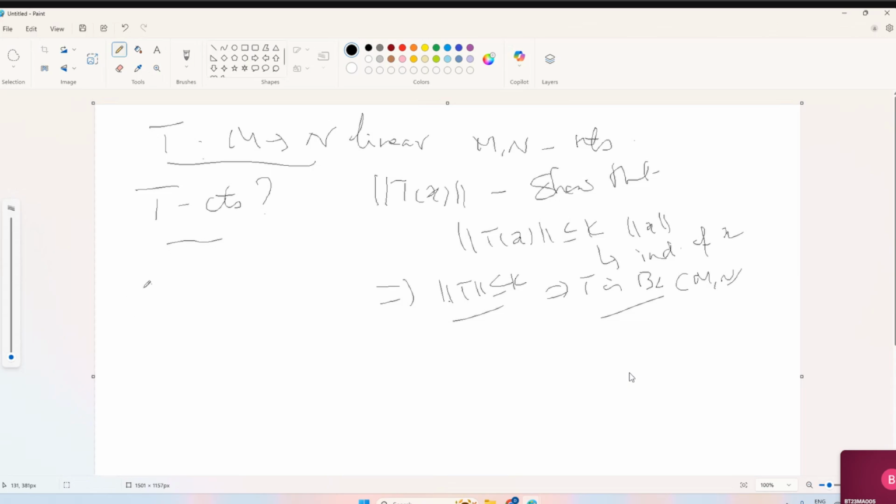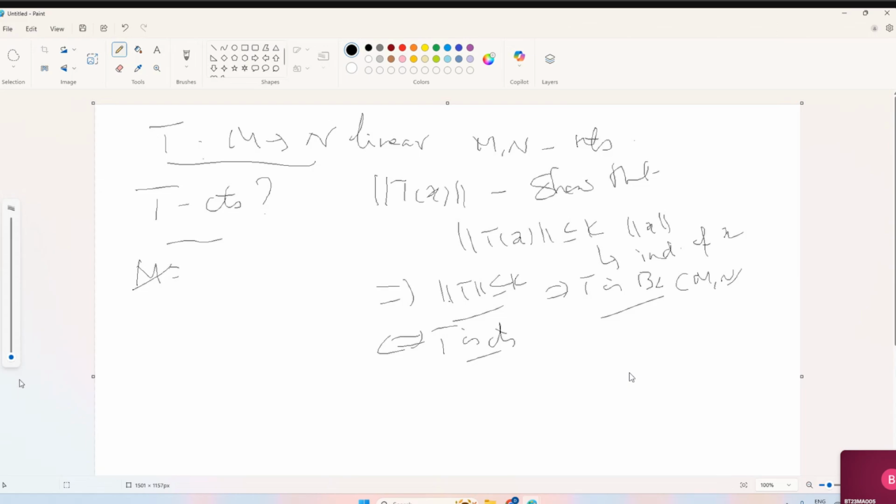Sir, if we show it is bounded, then it will be continuous. Again, if we show it is continuous, then it will be bounded. Both sides true, yes. I have shown that five things are equivalent. So this will imply that T is continuous. That I have done.